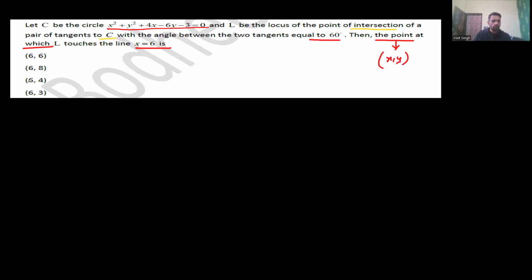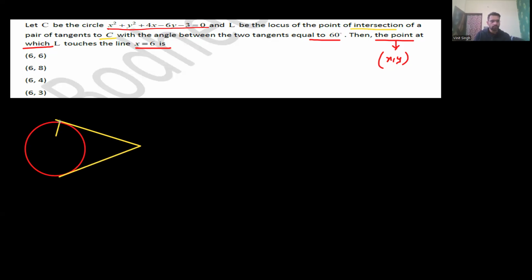First of all, we will draw a circle. Then two tangents are there. At that point, we will make the two tangents, the first one and the second one.